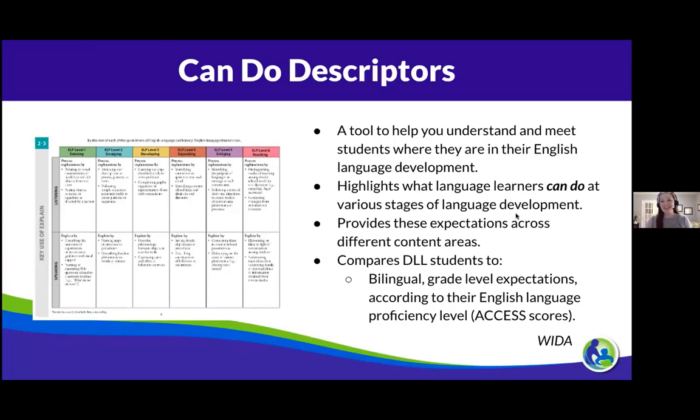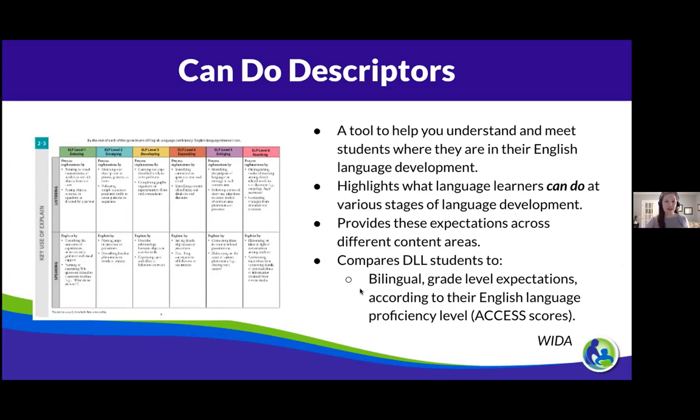And when we're considering if a referral for special education is warranted, the question you are answering is, is Joey performing at his English language proficiency level? Because if he is, then it's likely that he's meeting his potential as a dual language learner, and that it could be more in line with a difference than with a disorder.